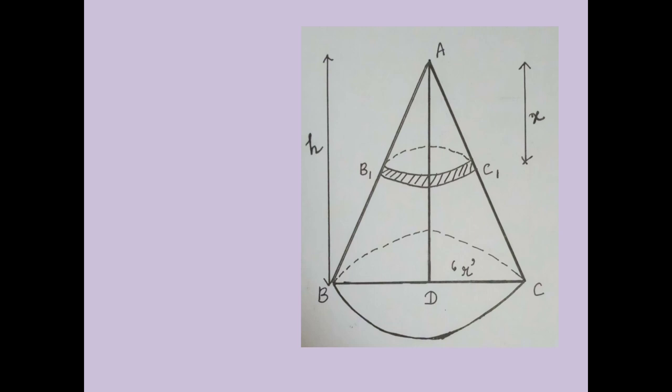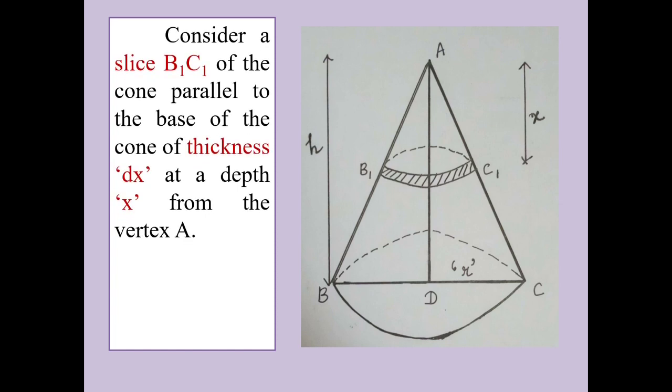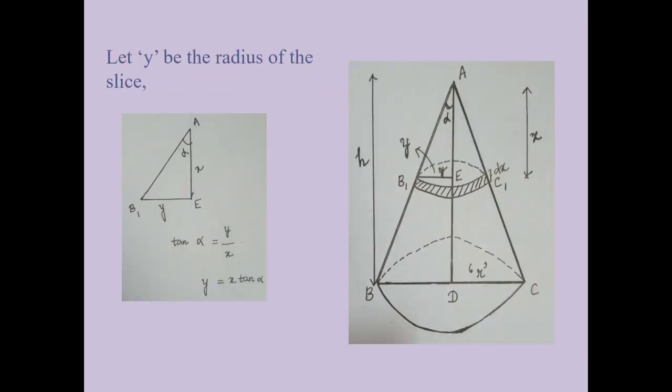Let us consider one slice named in this picture as B1C1, at a distance x from the vertex A, and the thickness of this disk B1C1 is dx, and the density of the solid cone is taken to be rho.